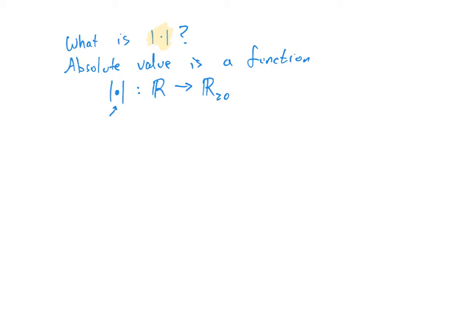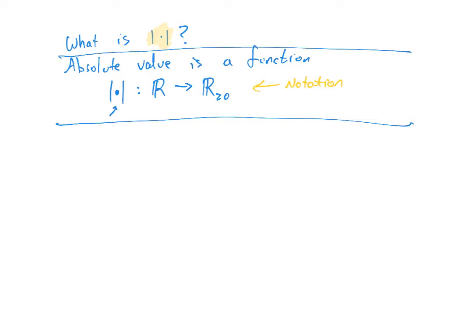It's going to go where the dot is. So this is literally just notation, and it's the notation that we have to use for functions that don't look like functions. But absolute value is 100% just a function. So that was just a notational aside.